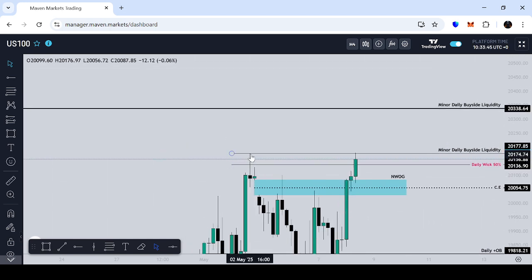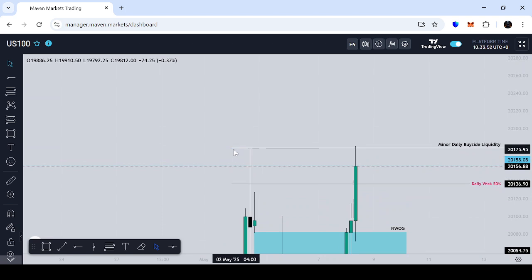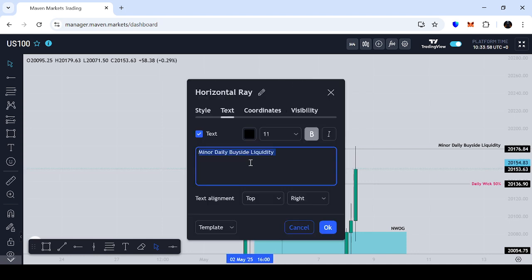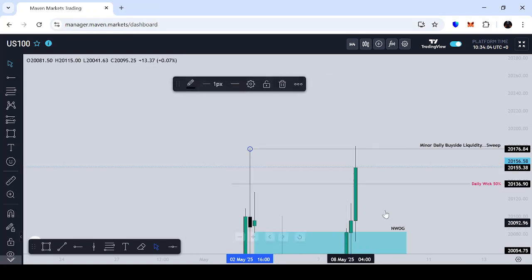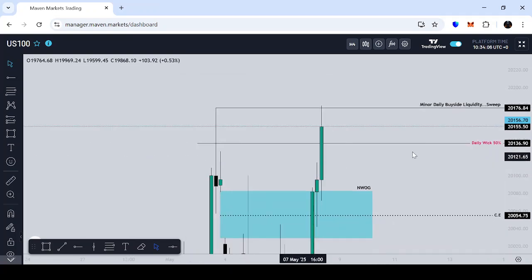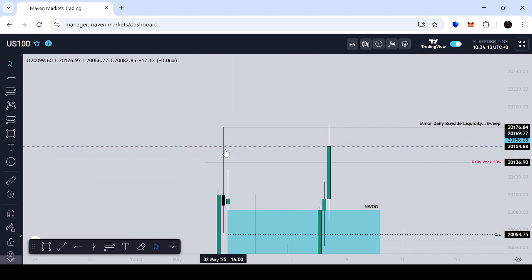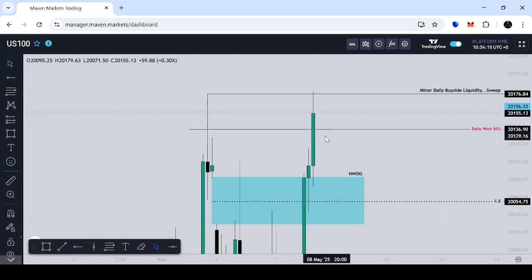And over there is the daily minor buy side liquidity that we taken, that we swept. The buy side has been swept. I also outlined it in the previous video. Here is the daily week 50%. That's the half of the daily week, which is this level here.